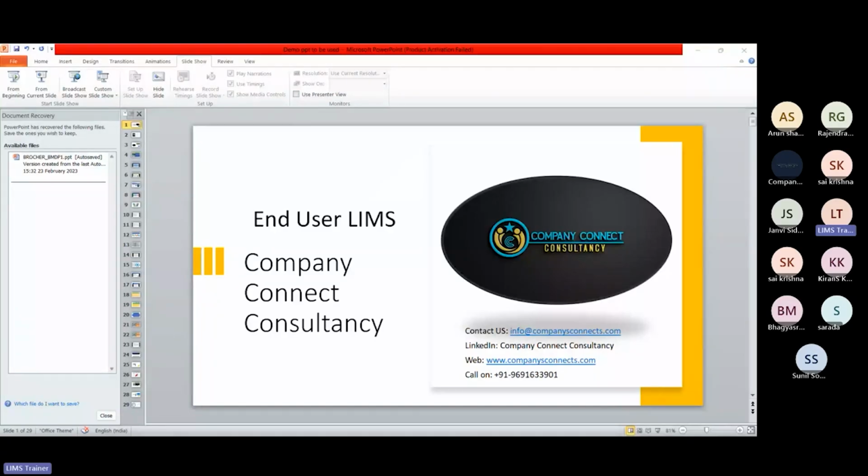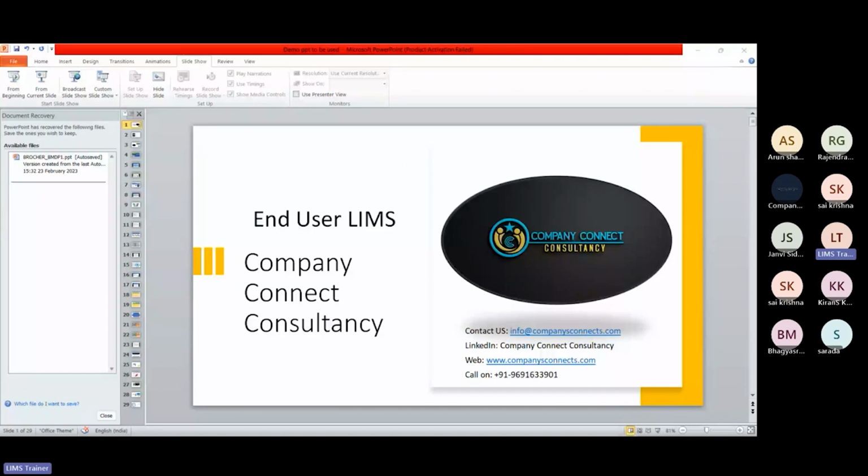Then some general awareness about the different modules involved in laboratory information management, different environments, master data management, and different roles involved in LIMS. So when we go for the 8 days training, we will cover all the modules, all the environments, and all the basics required for an end user handling the LIMS software.